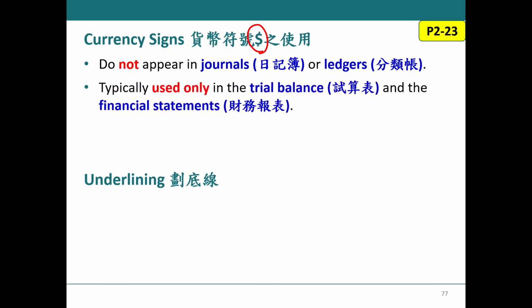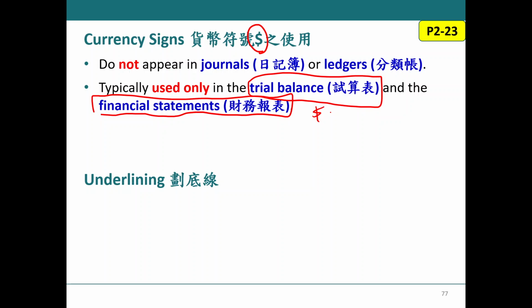But when we are going to present, show our report to outsiders, we have to be careful. We have to care about our format. So like what? Trial balance, financial statements. We are going to show the data to outsiders. Then we will use the dollar sign, okay?